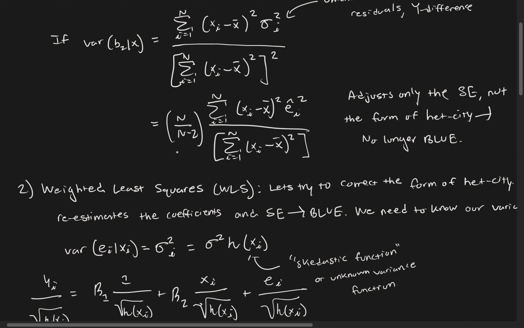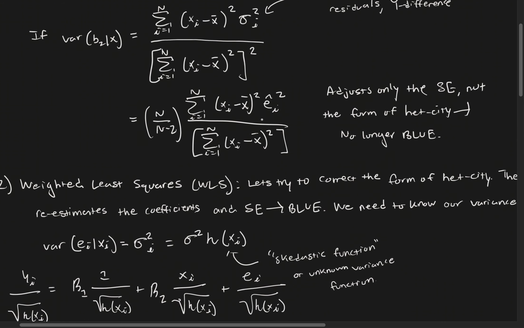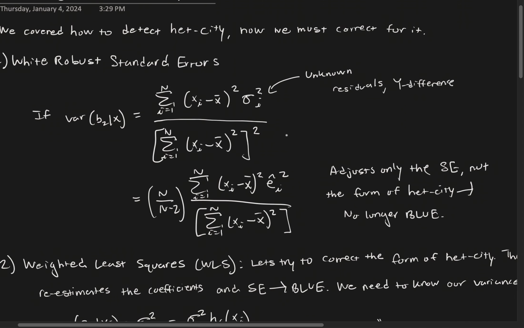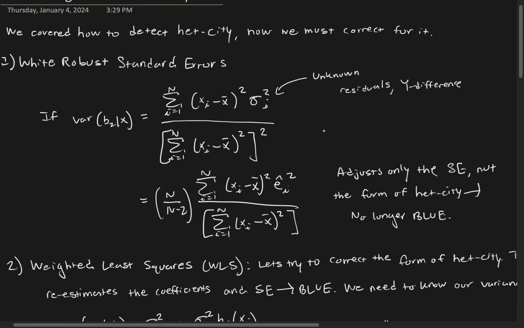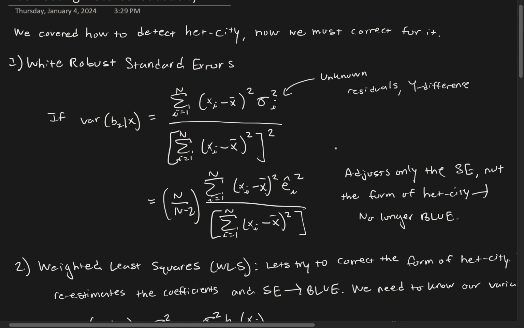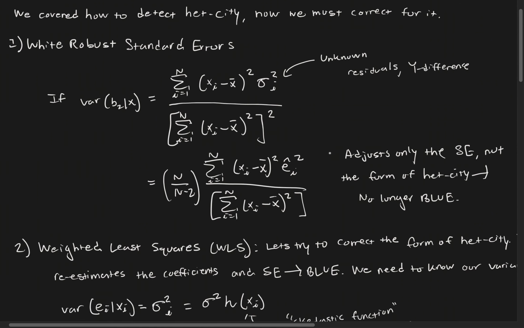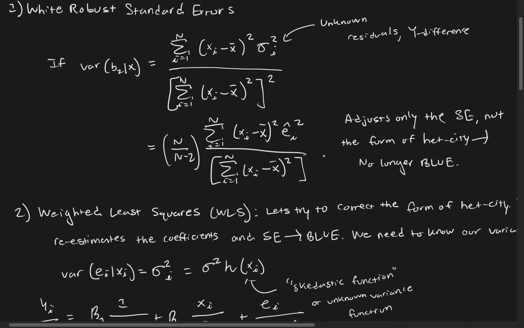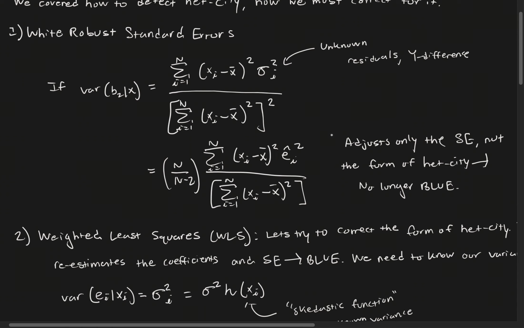We're also providing the degrees of freedom right here by dividing by n minus 2. This test will correct for heteroskedasticity, but it will only adjust the standard error and not the form of heteroskedasticity. In consequence, this no longer becomes our best linear unbiased estimator.